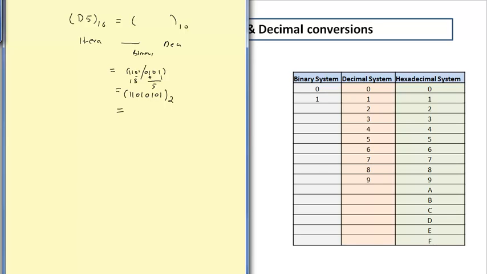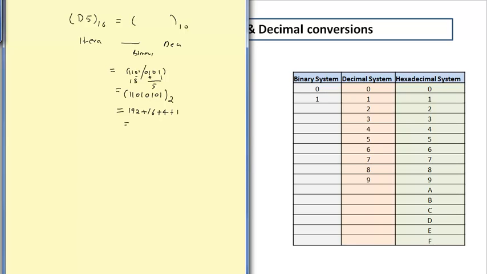So we know these are 8 bits. So 128 plus 64, that's 192. 192 plus 32 is off, the 32 bit is off. So 192 plus 16 plus 4 plus 1.